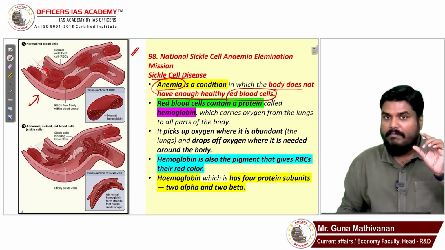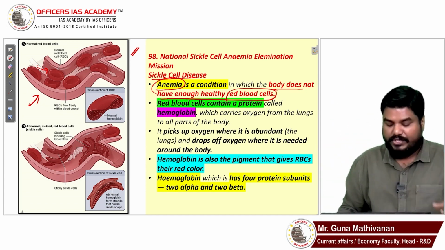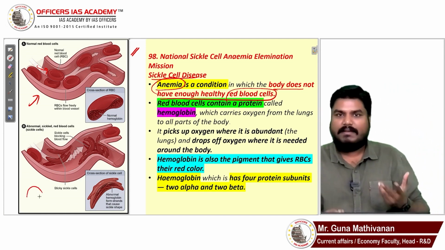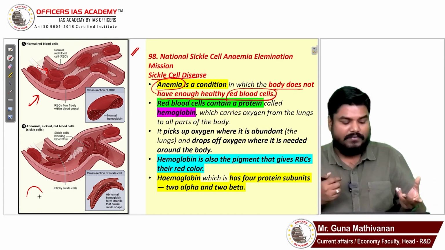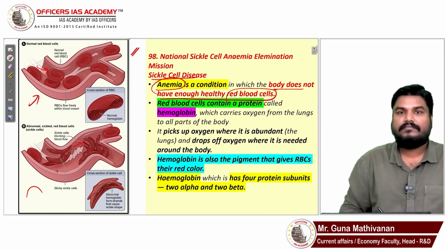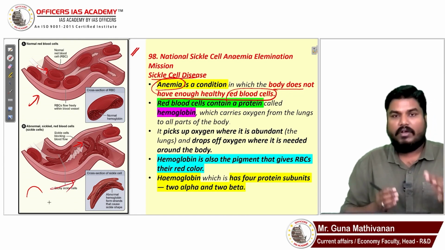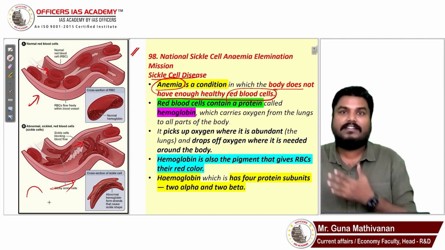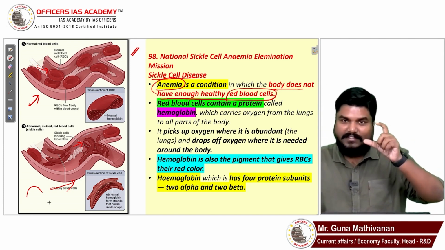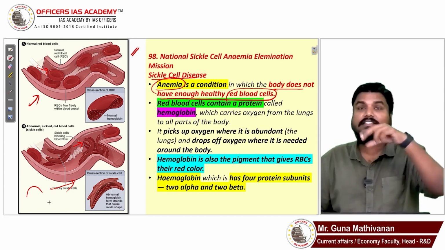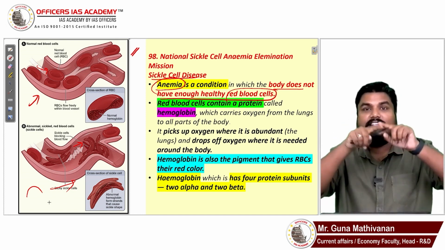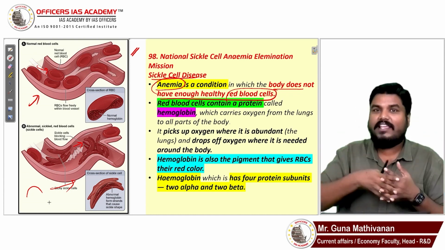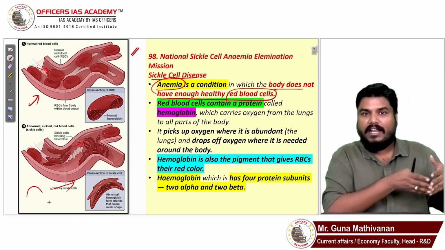But when the red blood cell shape gets changed into a sickle, C-shaped, or crescent shape, it blocks the flow of the red blood cells. If it was disc shaped, it could move easily. Since it is sickle shaped, it accumulates and gets stuck in the capillaries, so it is not able to move easily.